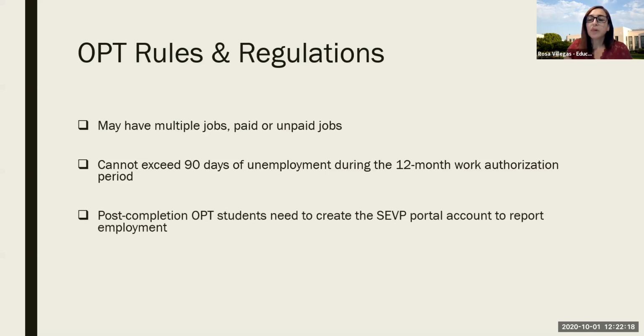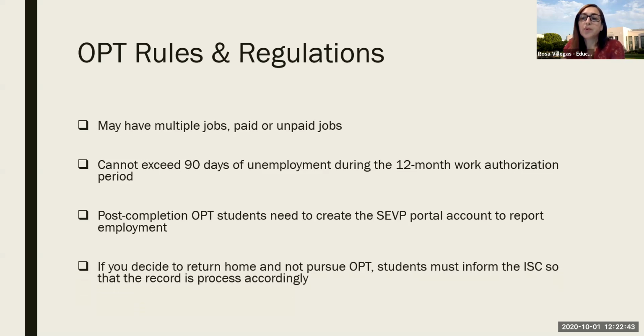And if you're applying for post-completion OPT, you need to create what's called an SEVP portal account. This is similar to your Lancer Point account where you see your academic records. The portal account is gonna allow you to report your employment and keep track of the days of unemployment and employment.